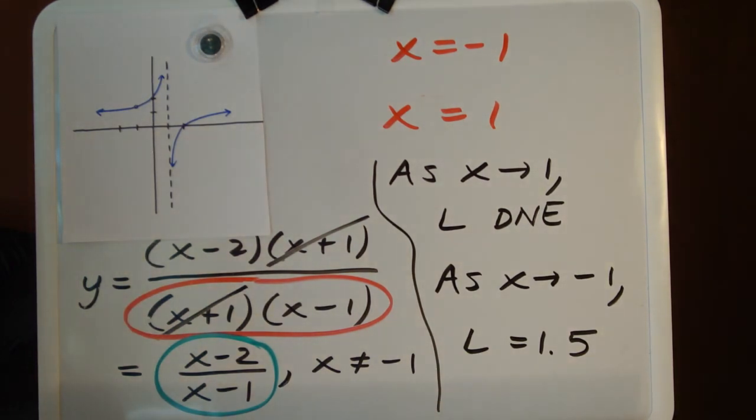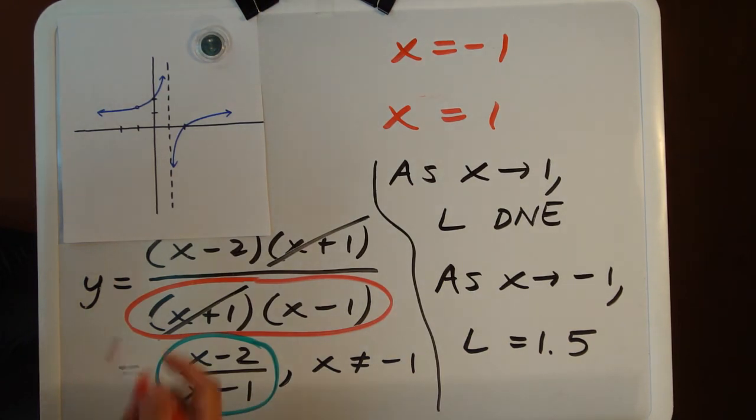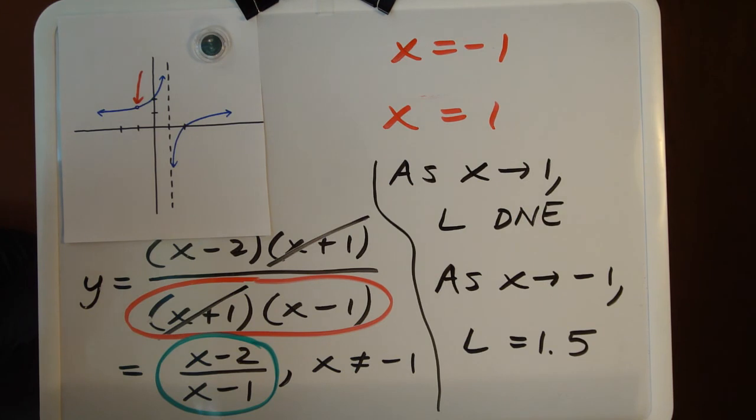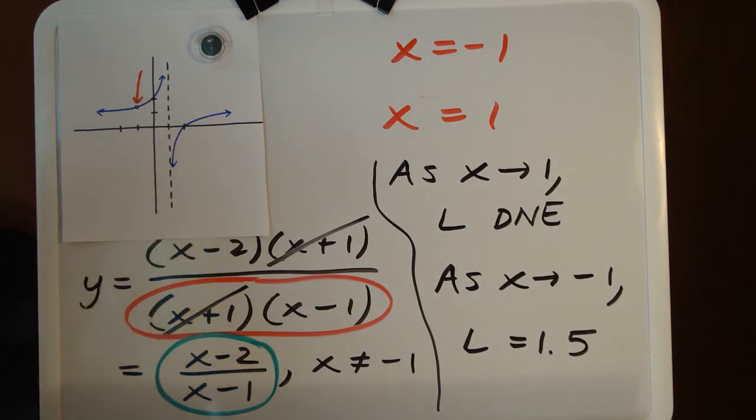And we saw that in the table earlier. But as x approaches -1, it doesn't matter if it's happening from the right or from the left, there is some regularity in the y values. We can see that here in this graph, that there is a gap in the graph. So the limit is around 1.5 as we approach -1 from the left or from the right.